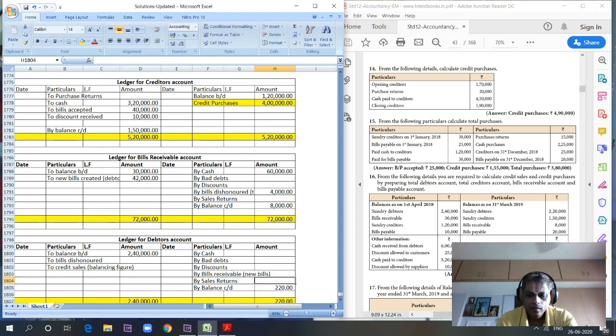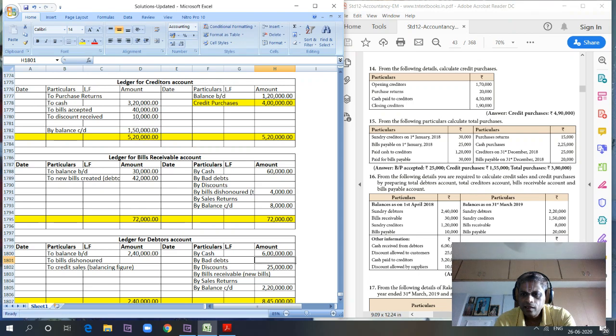Do we have sales return? Discount allowed to customer is an expense, so discount allowed expenses account debit to sundry debtors account, 25,000. Then we have cash receipt from debtors, 6 lakhs.